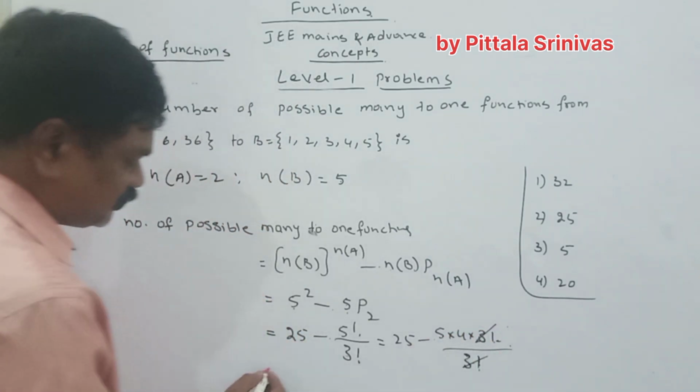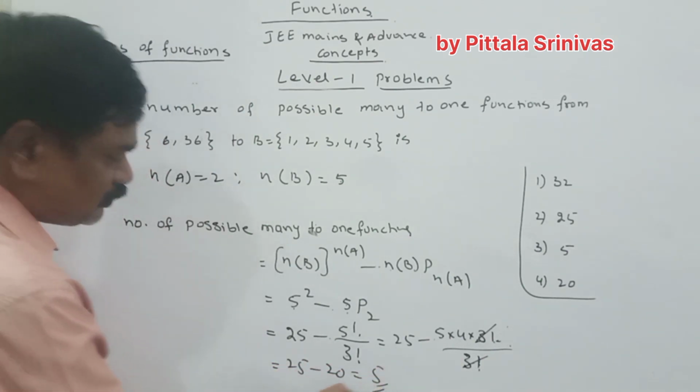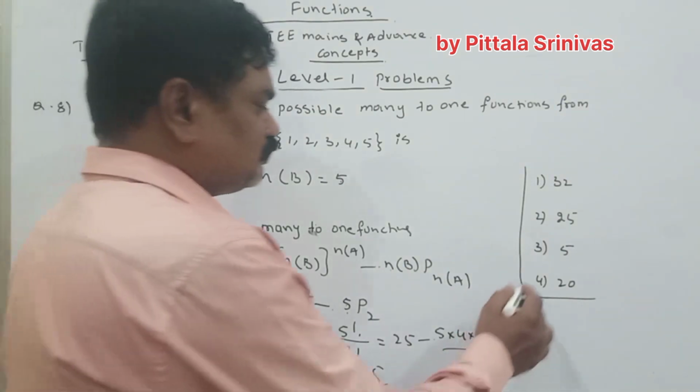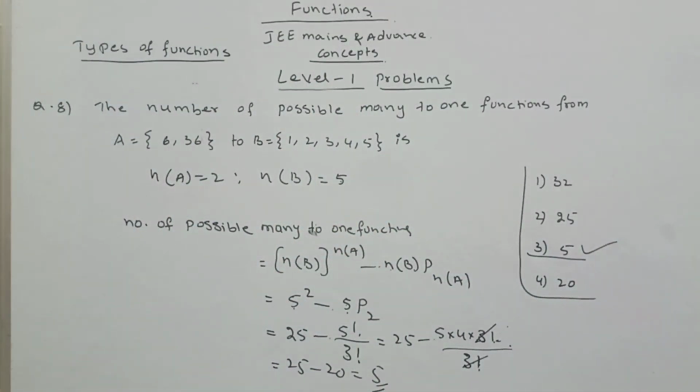This cancels. Thus 25 minus 20 equals 5. Only 5, so option 3 is the answer. Okay, all of you. That's all.